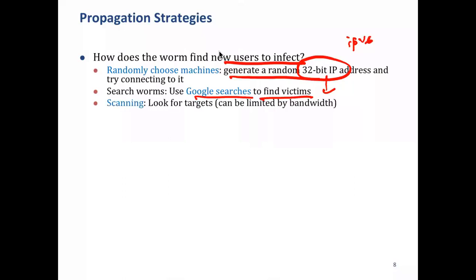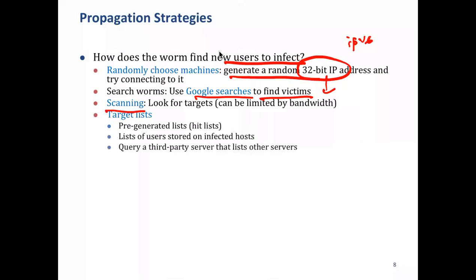Or it can do scanning, the one which you studied earlier in the last class. Or it can look at the directory or IP addresses stored in the system and use those IP addresses. And there are many other ways.